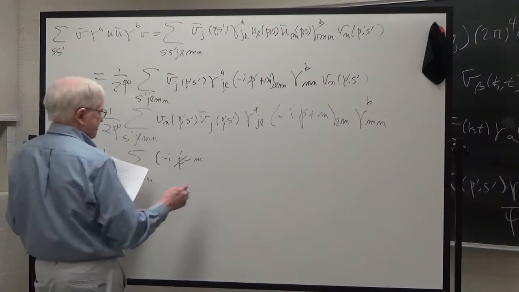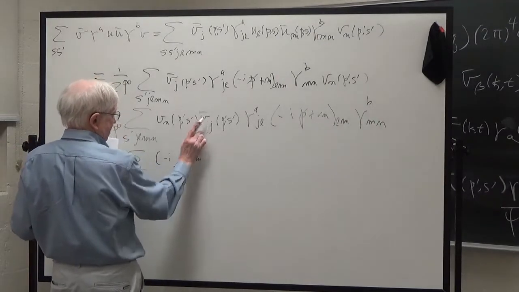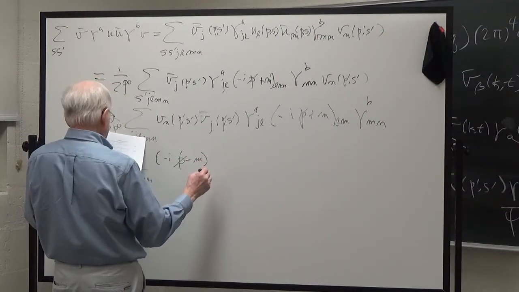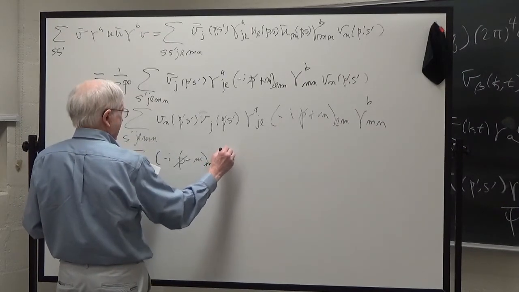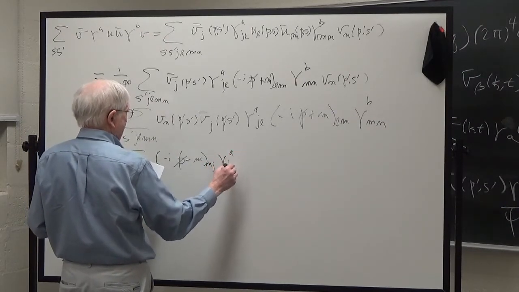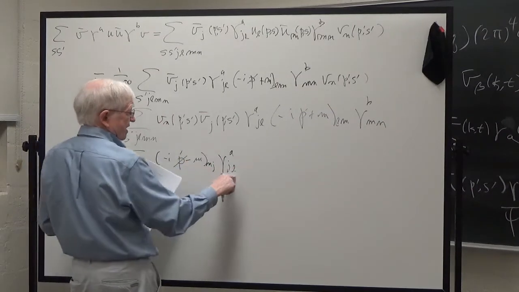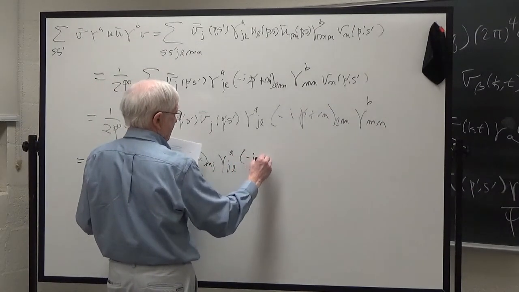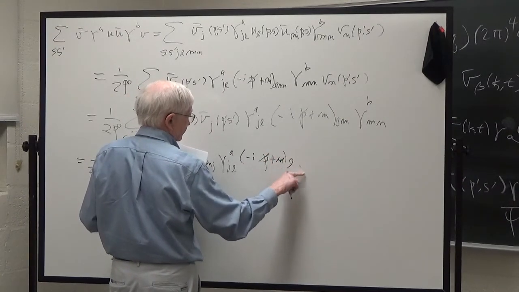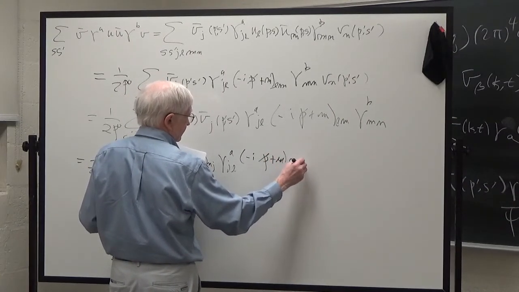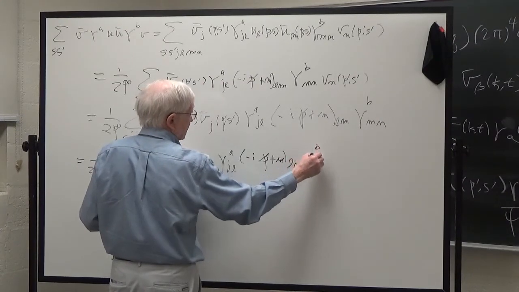Right, minus m, because these are the positron terms. Minus m, NJ, gamma^A, JL, minus i p-slash plus m, LM, gamma^B, MN.